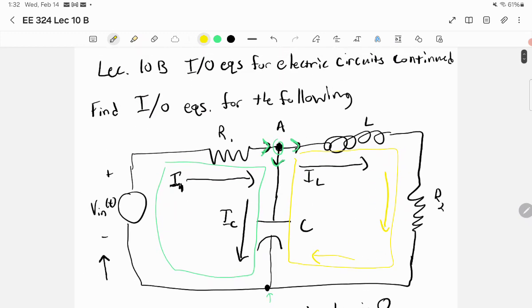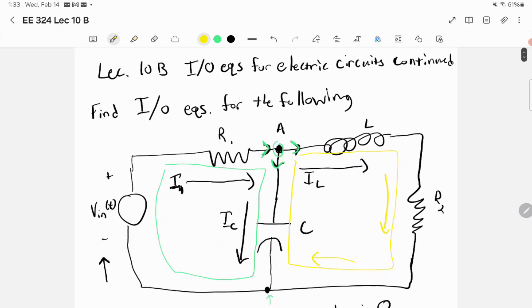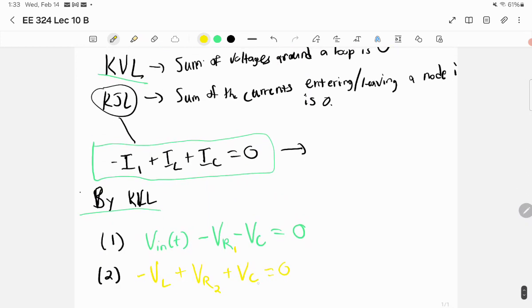Then as I go across R1 and C, they're going to be positive. This should have been R1. Now this works. In this loop, as it goes across C here, it decreases, so it's minus Vc. Now I'm going around the loop in the opposite direction, which means it has to be plus, which is what I get here.